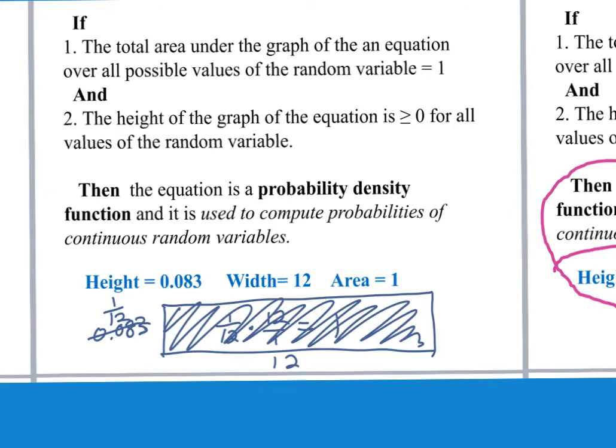So that was an instance of a continuous variable being equally likely, uniform. There's a uniform probability density function. Usually we are not going to work with those.